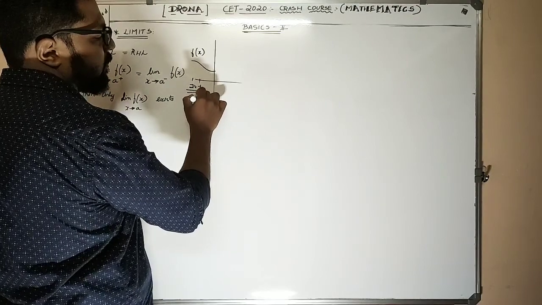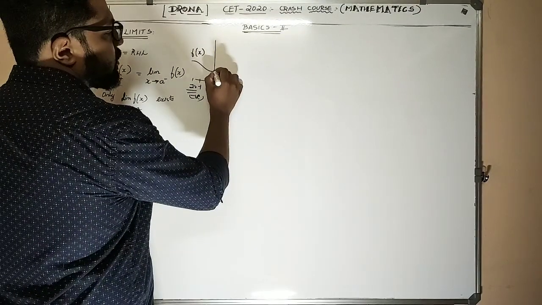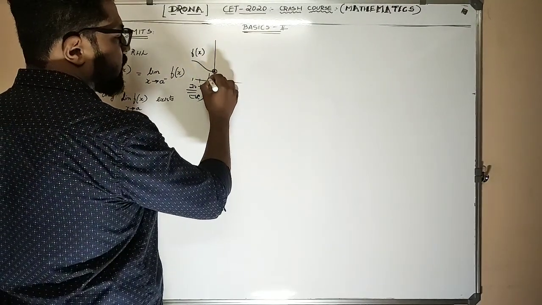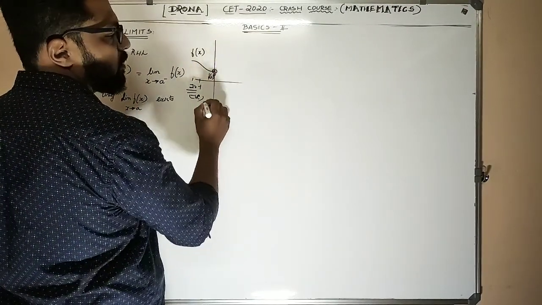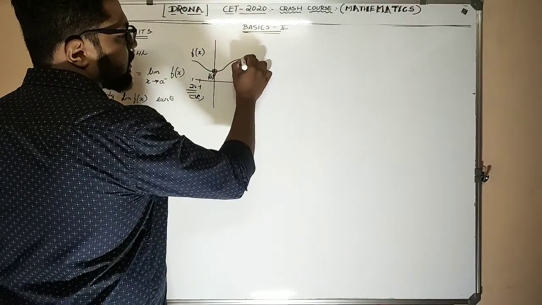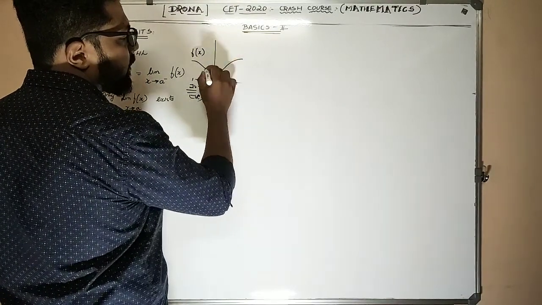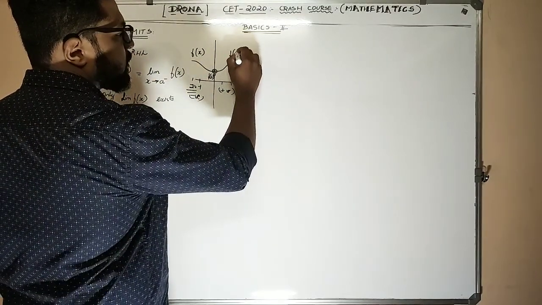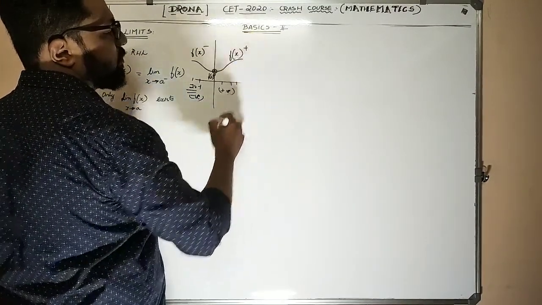On the left you get f of x approaching from the minus side. Then to the right hand side it goes on in the same way, towards the positive side, f of x, this will be minus and this will be plus.